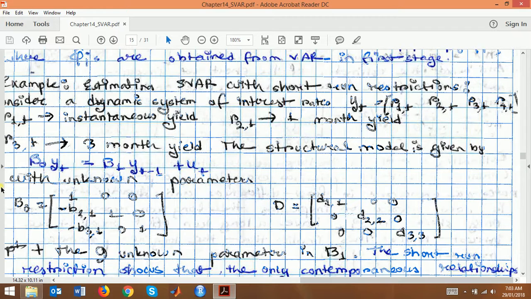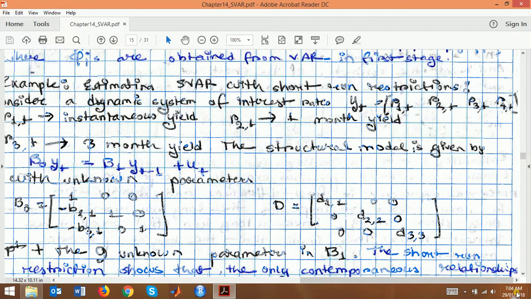That is something we need to remember when we think about an ordering: the first variable is only affected by its own levels, and the second variable is affected by the levels and lags of the previous variable and the levels and lags of the current variable.